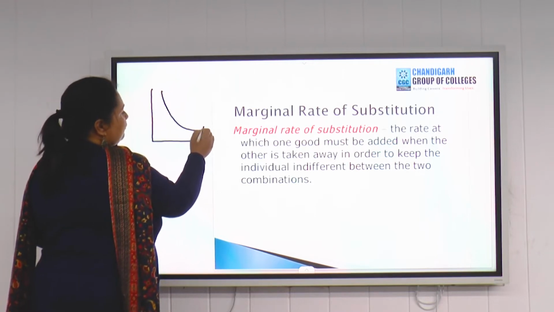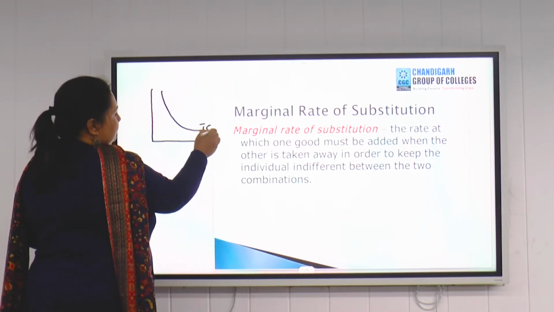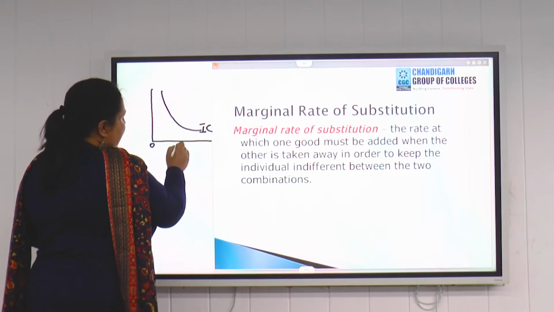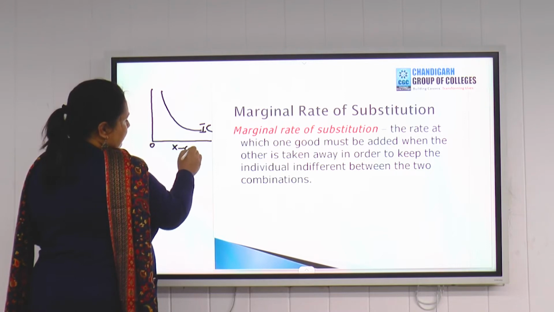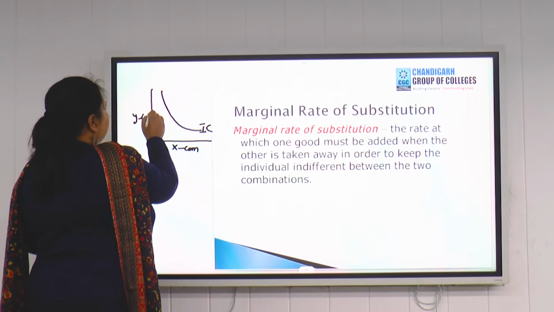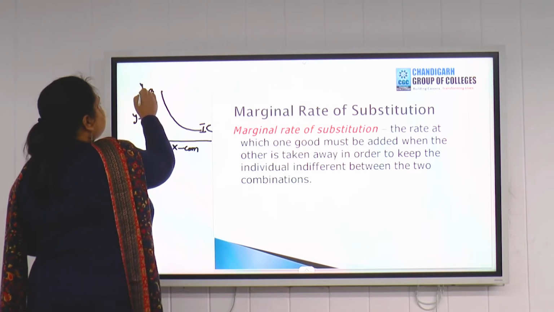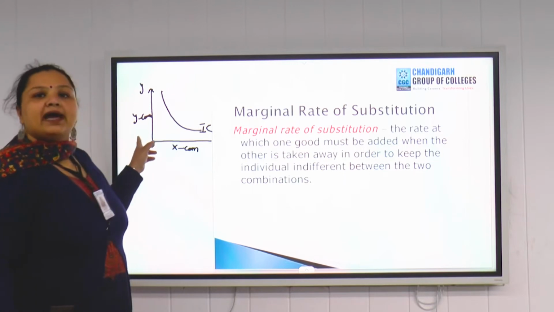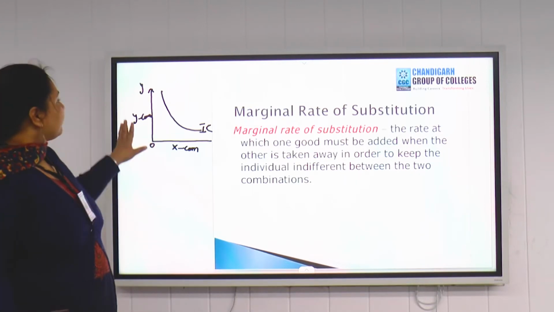This is a curve, as you see. Here on the x-axis we have x commodity. On the y-axis we have y commodity. This is a graphical representation of combinations of two goods, x commodity and y commodity.